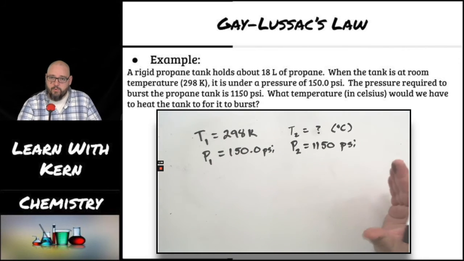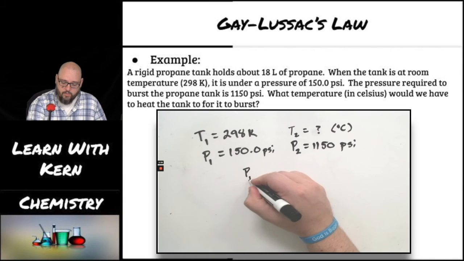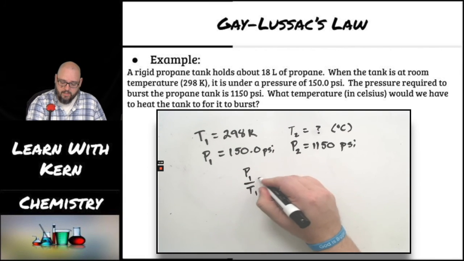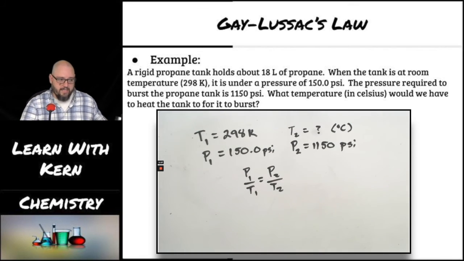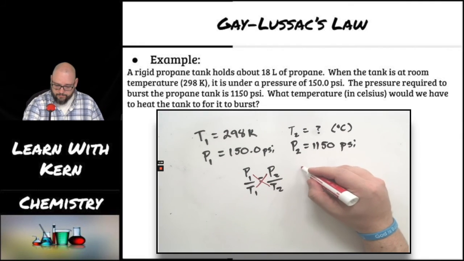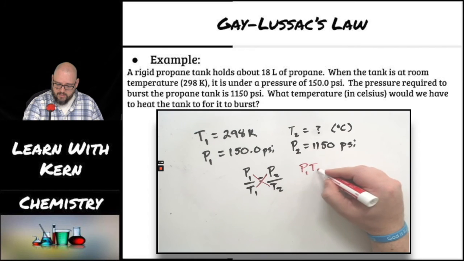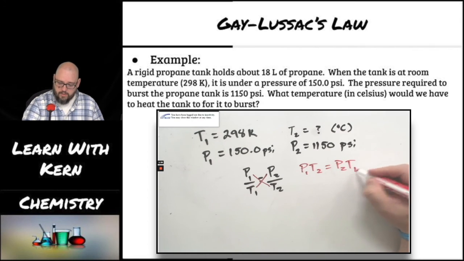So we're going to simply plug into our equation of P1 over T1 is equal to P2 over T2. And just like all of the others so far, we are going to cross multiply, giving us P1 times T2 equals P2 times T1.